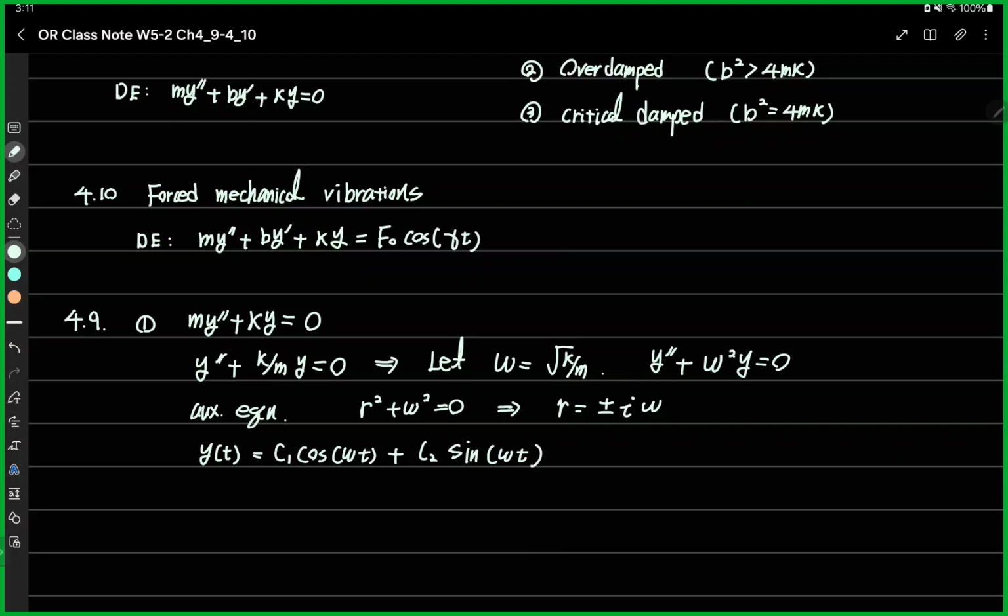Because we got two roots in our characteristic equation, even though these are complex roots, we can say the solution is c1 cosine omega t and c2 sine omega t. So these are the real part and imaginary part, right? There's no exponential term. Remember what I'm saying?